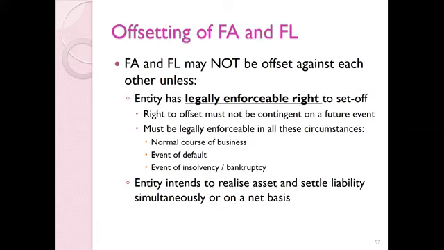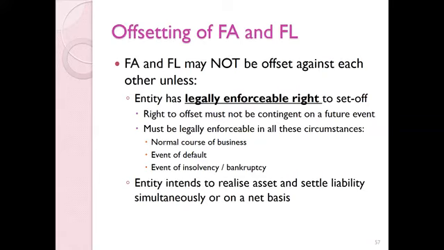It must be legally enforceable in all these circumstances: during the normal, ordinary course of business, or in the event of default. So if someone doesn't fulfill their side of the deal, then it becomes enforceable, or in the event of insolvency or bankruptcy. The entity must also intend to realize the asset and settle the liability simultaneously or on a net basis.